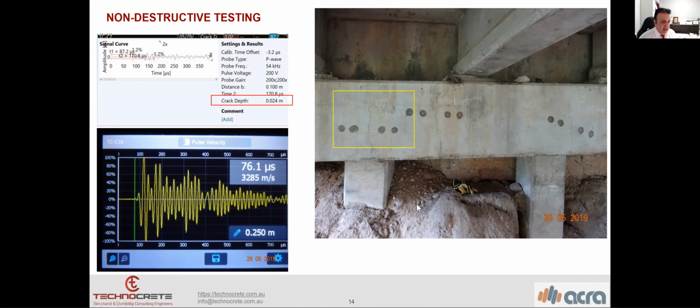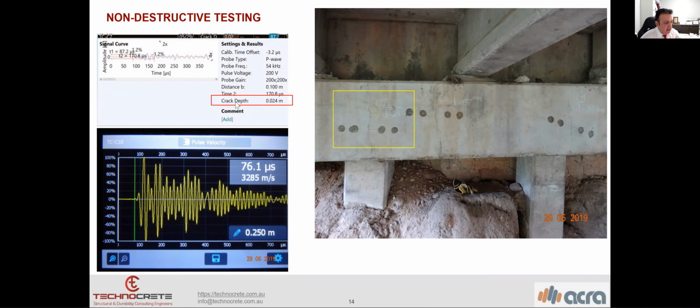You can find this method and procedure in the British standard. On the left-hand side is the outcome of the ultrasonic technology, which we use to measure the depth of the cracks. It's important to know the depth of the crack in order to specify and propose a proper repair system.